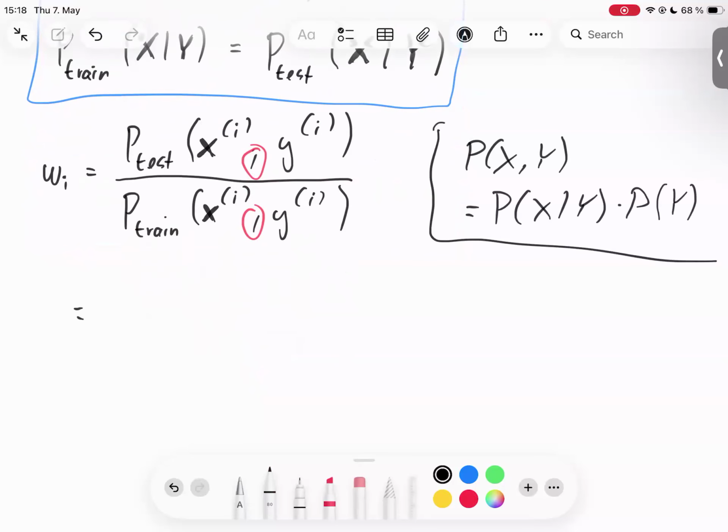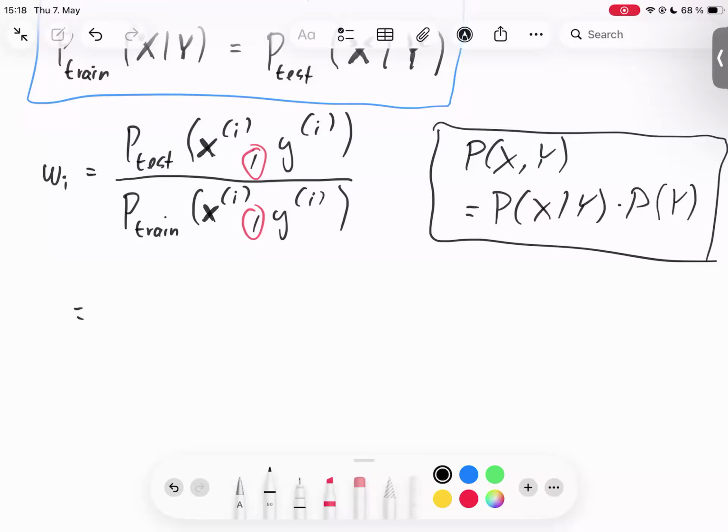Who remembers this law of probability theory, that I break the joint probability into a conditional probability and a prior? If you remember this, maybe thumbs up. We've seen this quite a few times in this course now. You should have seen it in other courses.